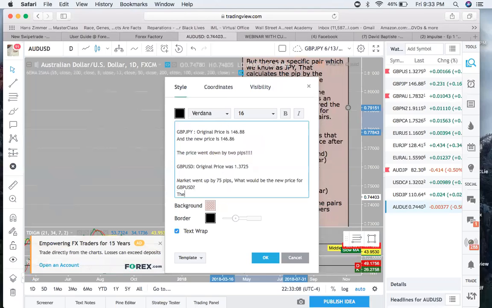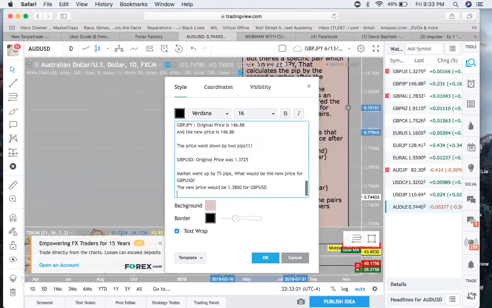Okay, so the new price would be 1.3800 for GBP USD.